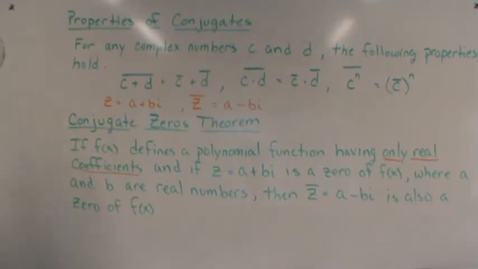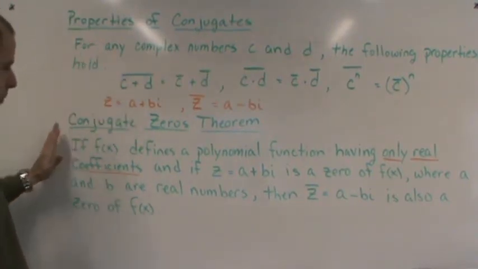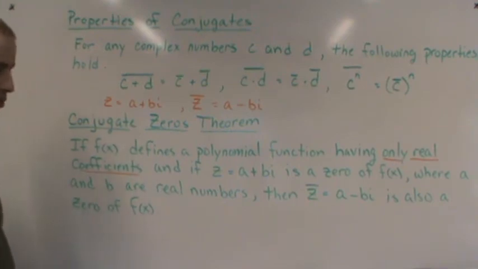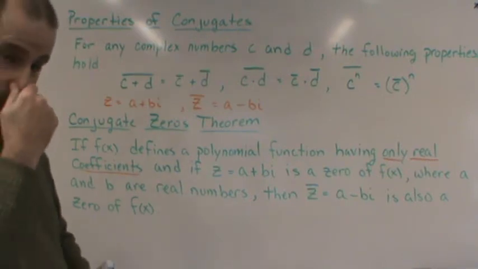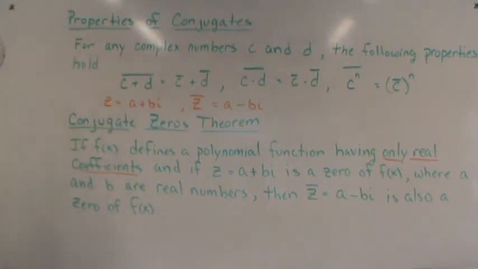Now, we use these properties to prove the conjugate zeros theorem, which I'm not going to do here. It's in the textbook, but it's not needed for understanding what we're going to be doing next, at least for this class.